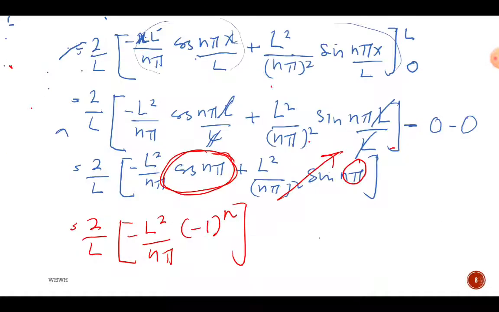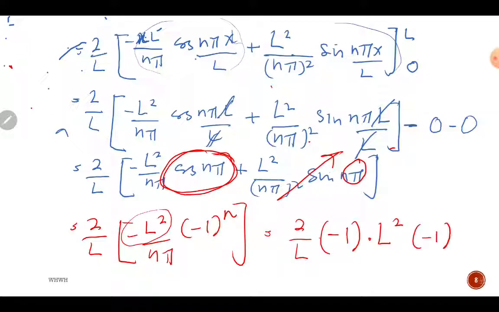Okay, so jawapan yang kita ni sebenarnya sama je. Sebab 2 over L, negatif L square tu, ni ada sebenarnya negatif 1 darab dengan L square darab dengan negatif 1 kuasa n over n pi. Okay, so negatif 1 ni kuasa 1 kan, then this is negatif 1 kuasa n.